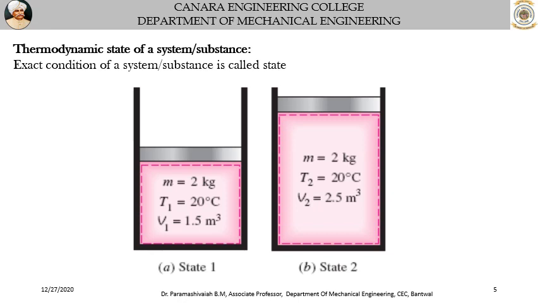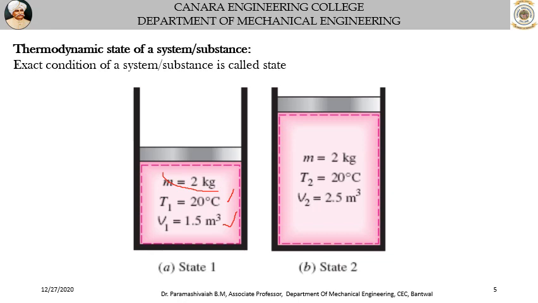That substance has a mass of 2 kg, it is at a temperature of 20 degrees Celsius, and the total volume occupied by that mass is say 1.5 meter cube. So here this is one state of the system. At this stage, it is having a mass of 2 kg and it is at a temperature of 20 degrees Celsius, and the volume of this is 1.5 meter cube.